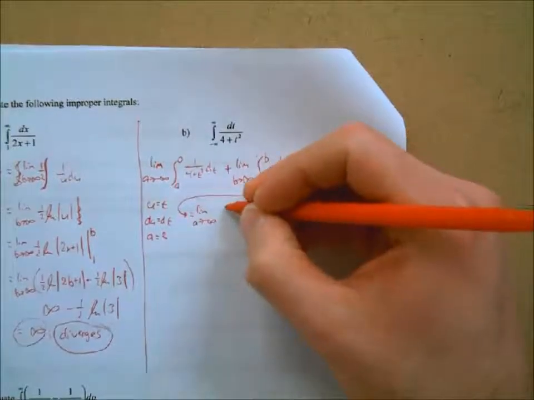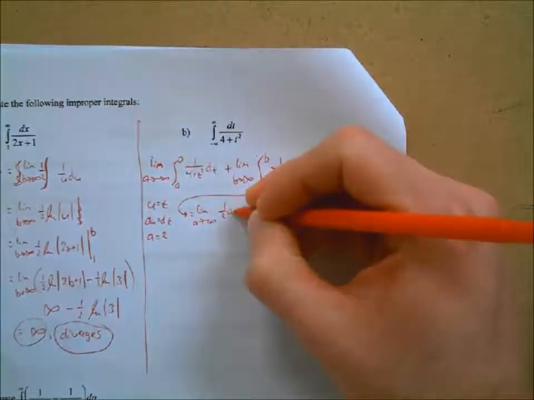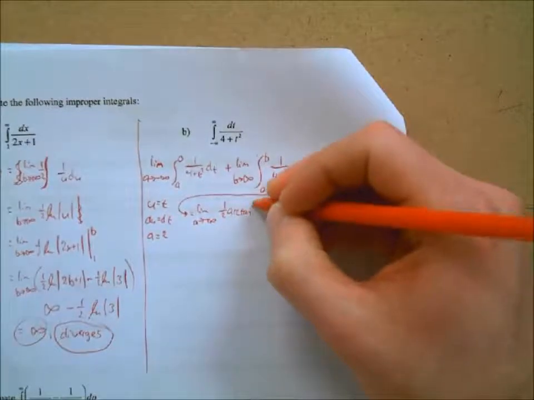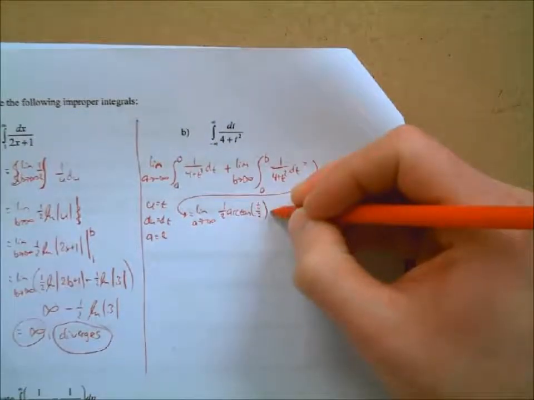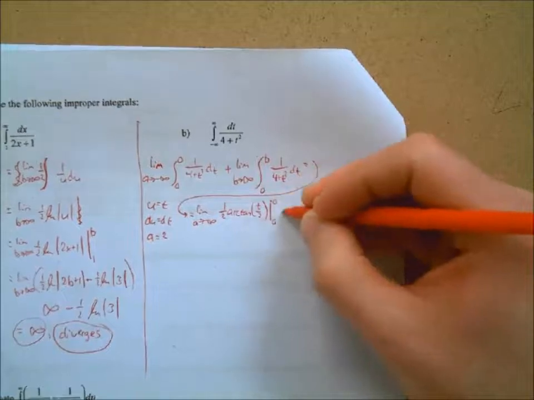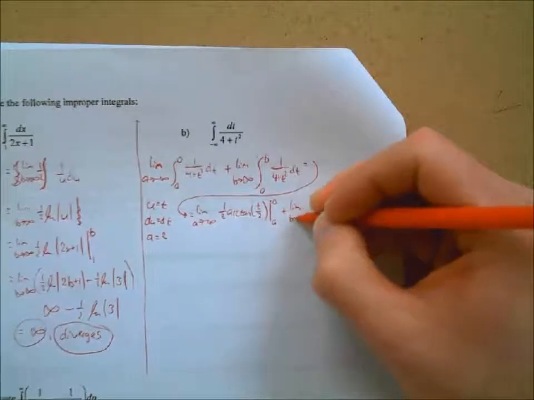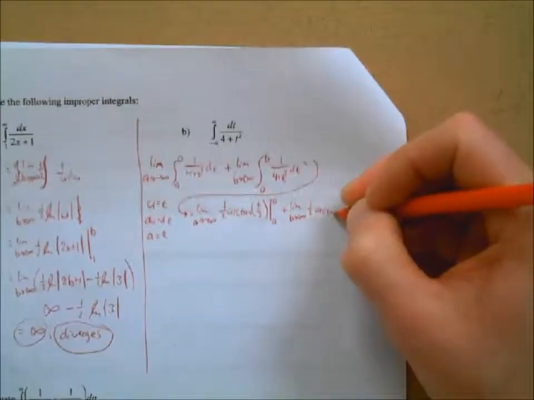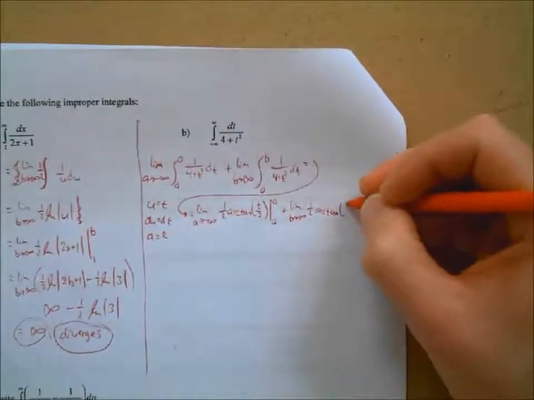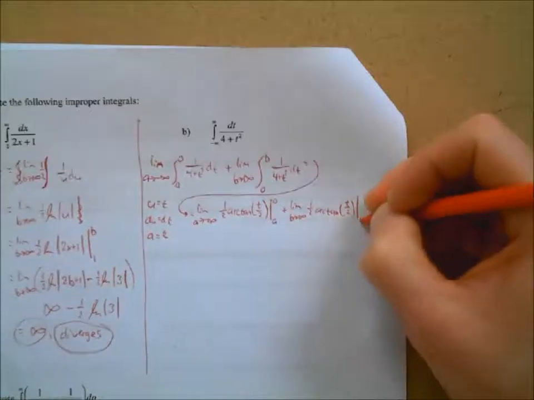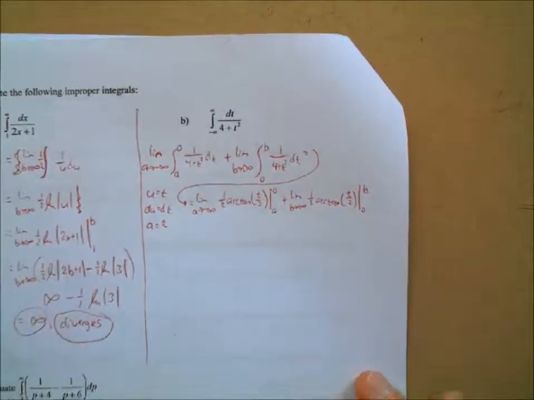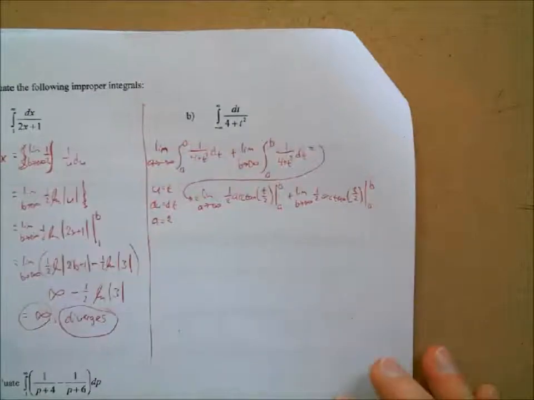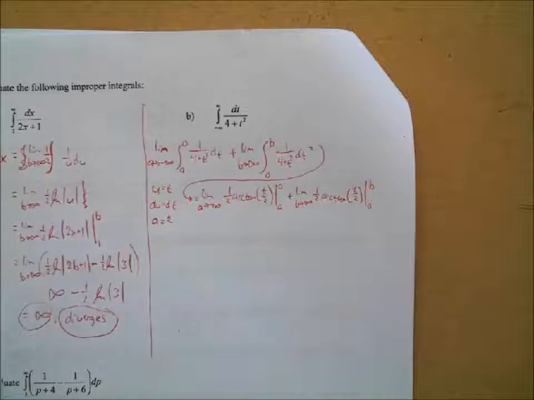So it'll be 1/2 arctangent t over 2, evaluated from a to 0, plus the limit as b approaches infinity of 1/2 arctangent t over 2 from 0 to b. It's just a lot of writing.